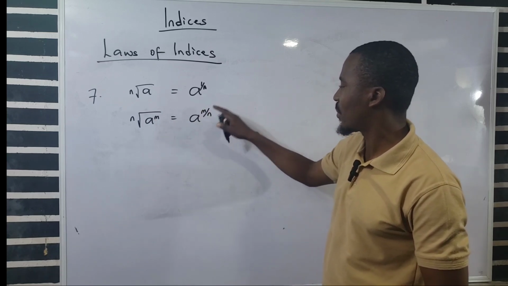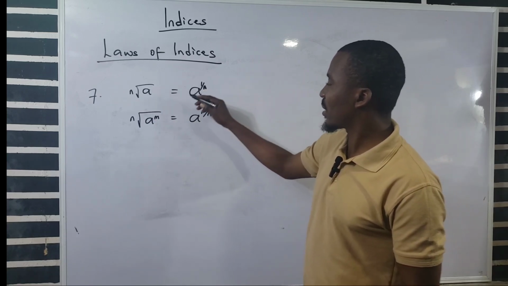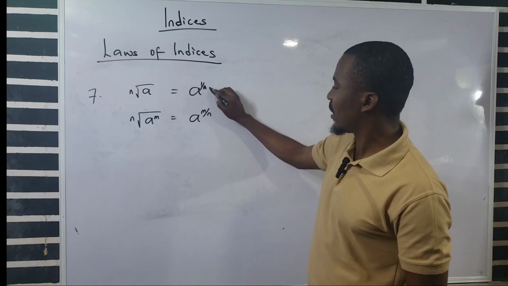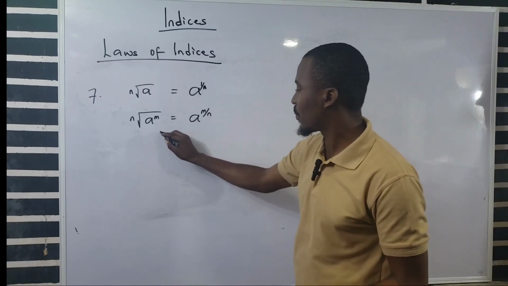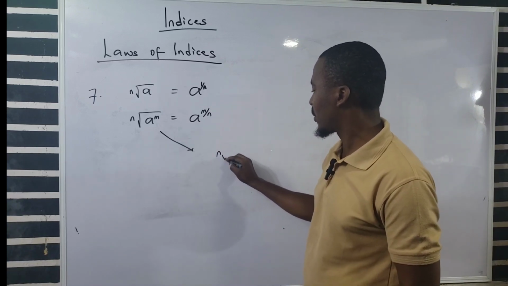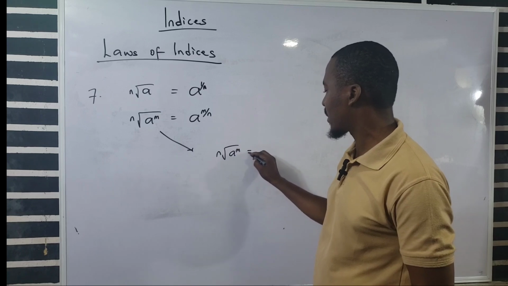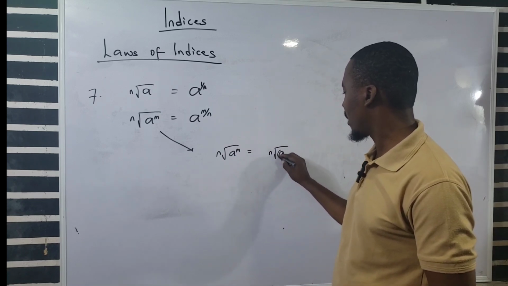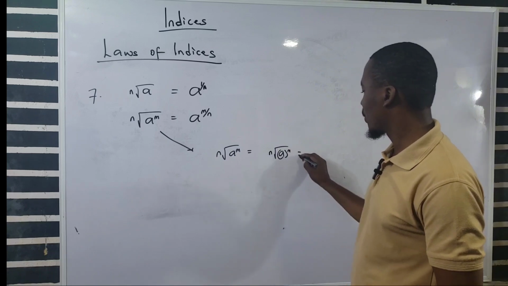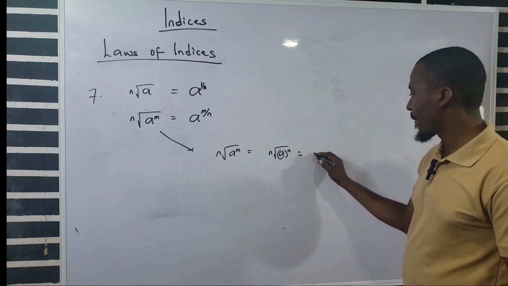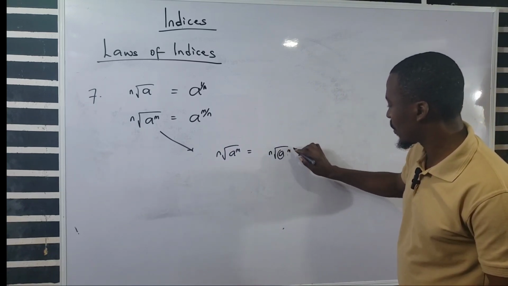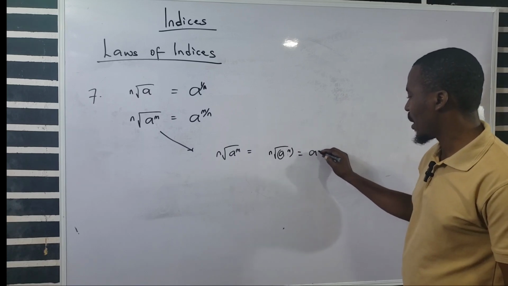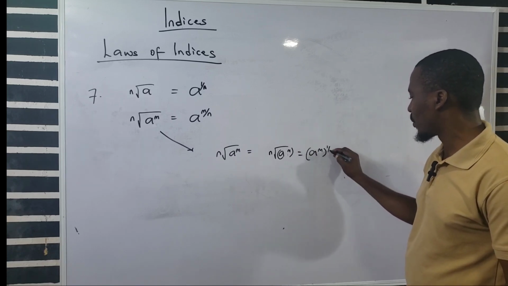So you now have a to the m, or we can actually split this to make it look like this. How? We can have something like nth root of a to the m as nth root of a raised to power m, which will give you a to the m all raised to power 1 over n.